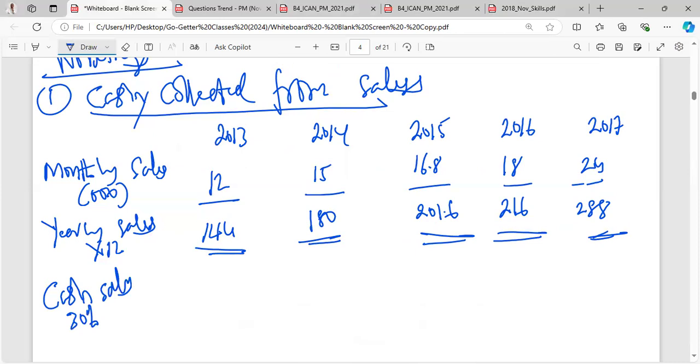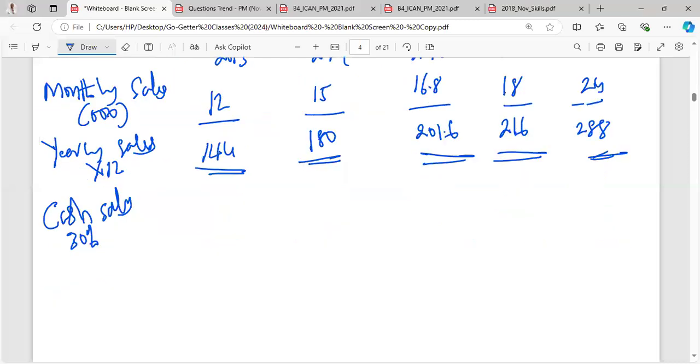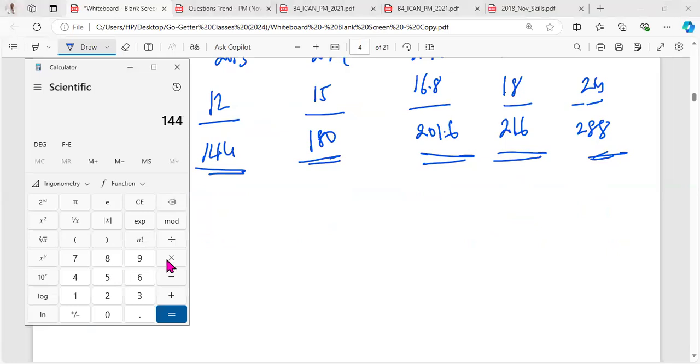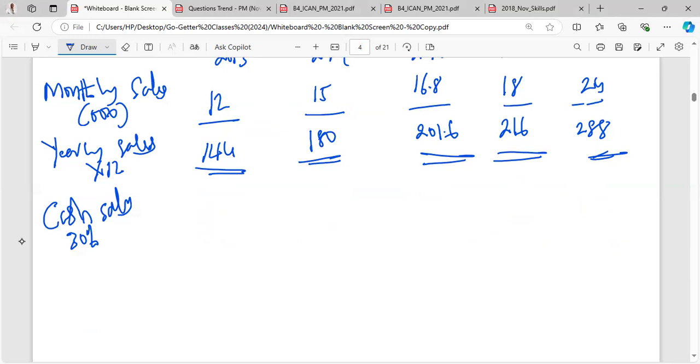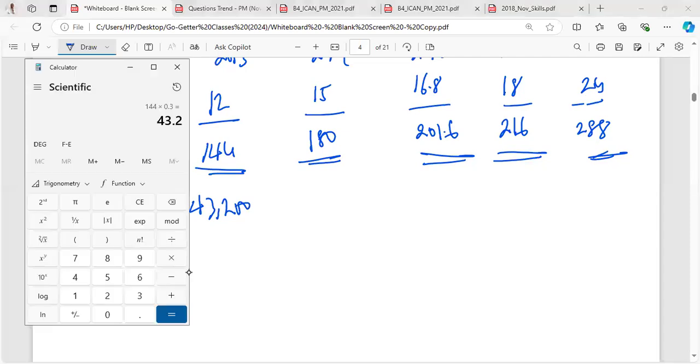So what it means here is 30% of 144 was collected for cash in the whole year. So I'll come here, 144 multiplied by 30. That gives me, now I will put in the whole thousand now, 43,200. Let me put it for the sake of simplicity, 43,200. So let's remove those doubts, because now our final answers will be coming here.